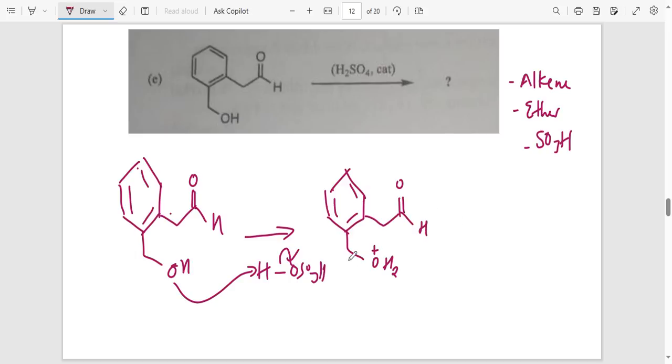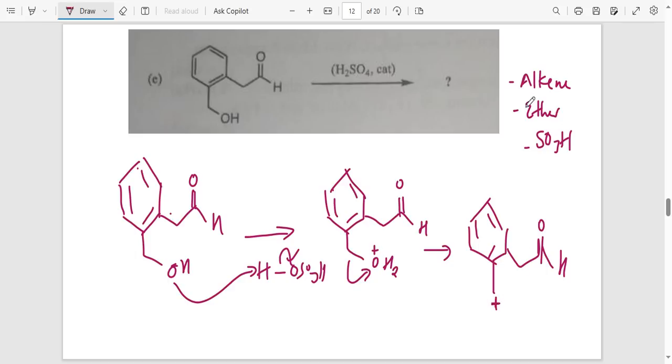So at this point, this bond can get to break off. So we are forming this one with a positive charge here.